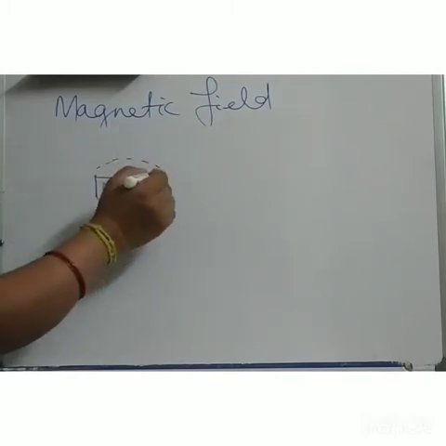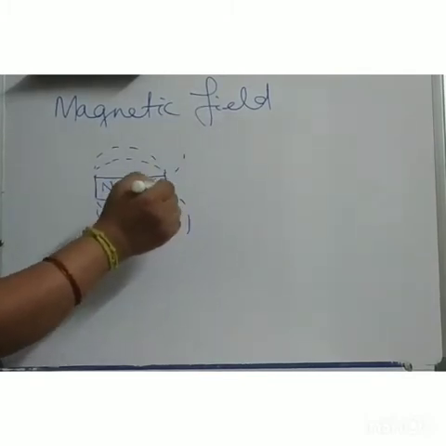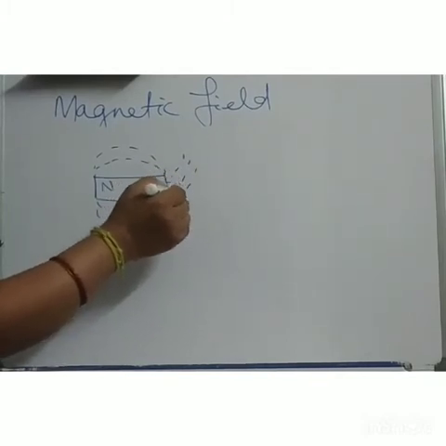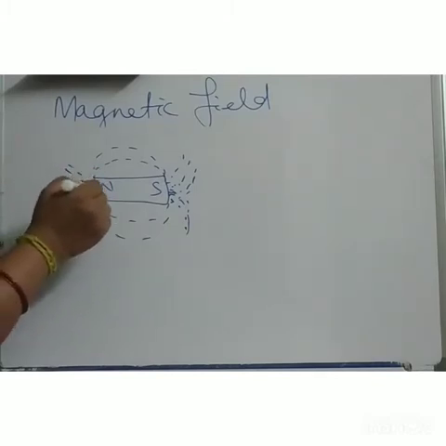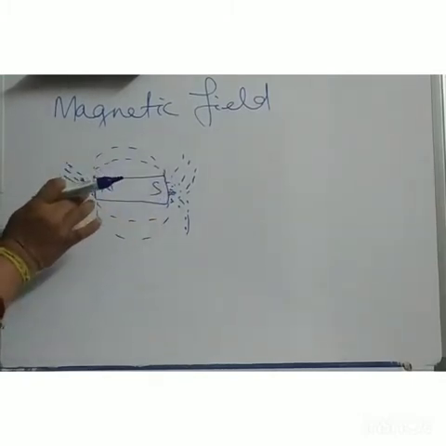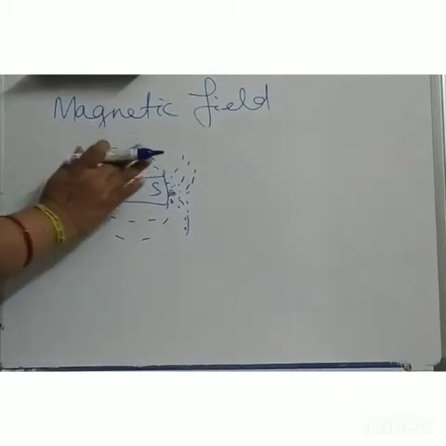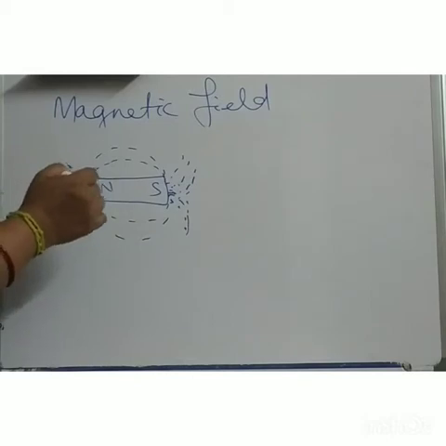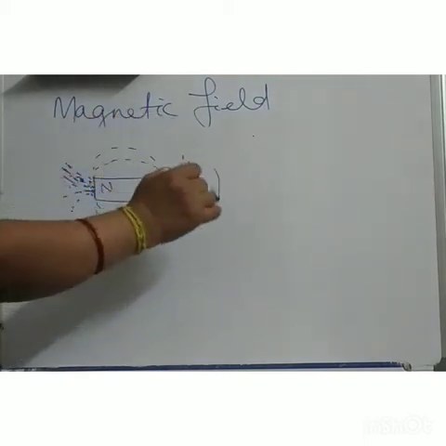You will see the iron filings getting arranged like this, and you will see that around the poles more iron filings are arranged. The iron filings are not arranged over here, they are arranged around this area.